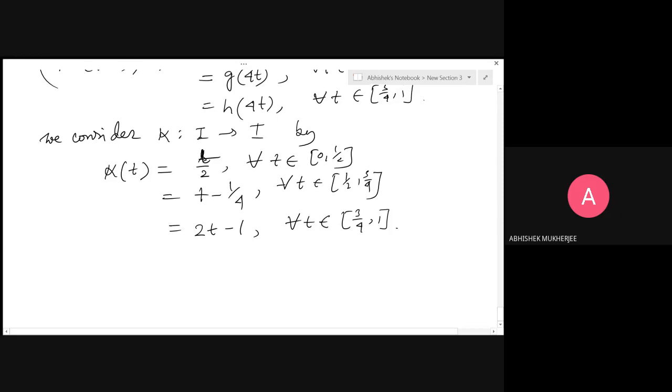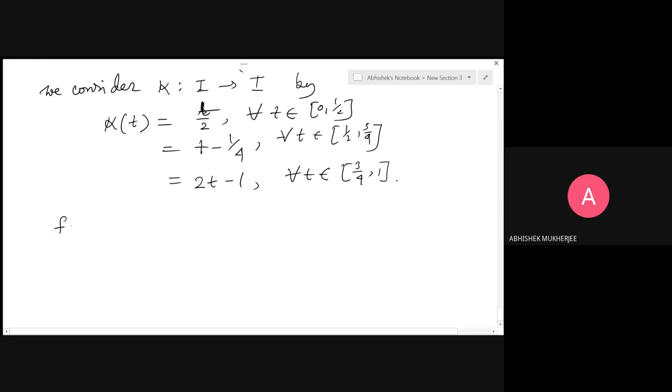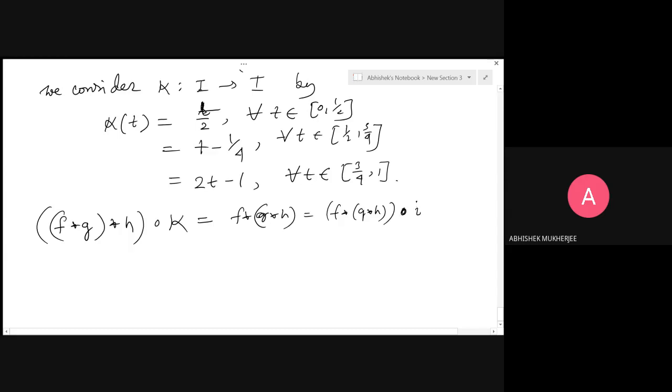Then you can see that f star (g star h) composed with k is equal to (f star g) star h, which is f star (g star h) composed with the identity map I.